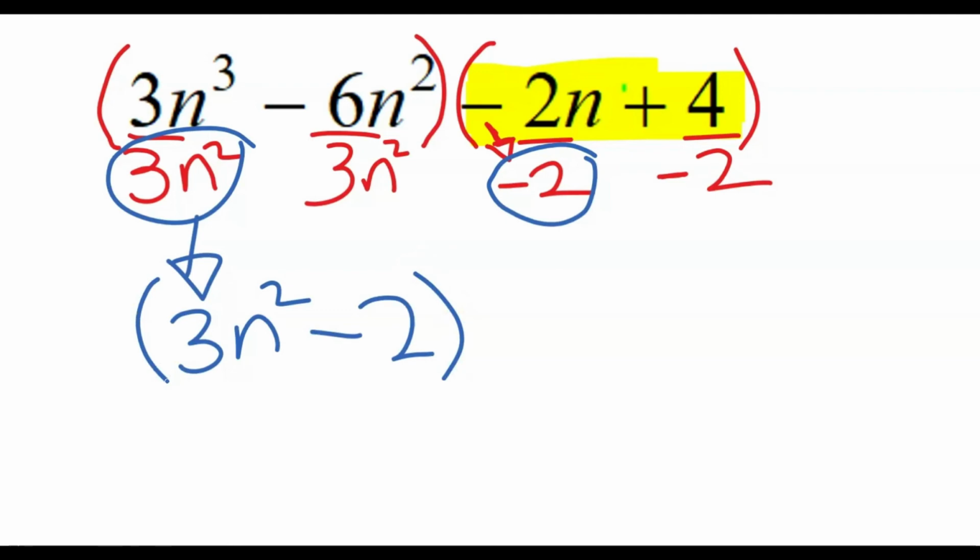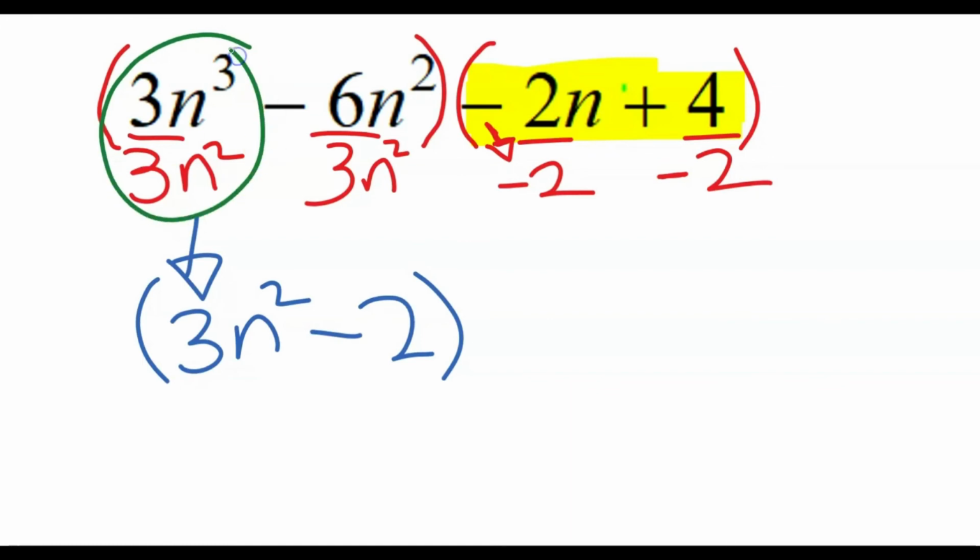And now I can go back and reduce the fractions that I got. If you look at our fractions, I've got 3n cubed over n squared. The 3's are going to cancel. And n cubed divided by n squared just gives me n. Now watch your signs. This is a negative 6n squared over 3n squared.